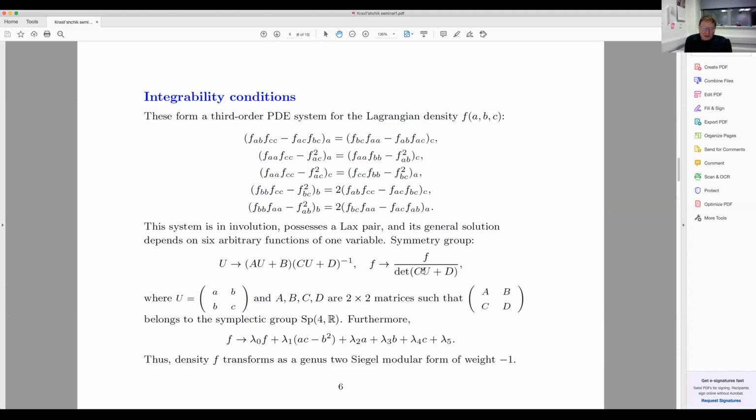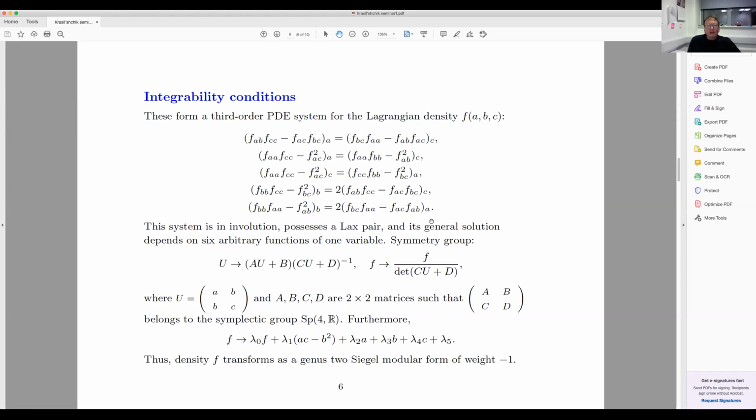So this transformation law suggests that our object should be somehow related to Siegel modular forms, right? Unfortunately, we do not have a precise construction that justifies this. I will show you some solutions to this equation in theta functions, in elliptic functions, but still we don't have genuine modular forms in the final answer, right?